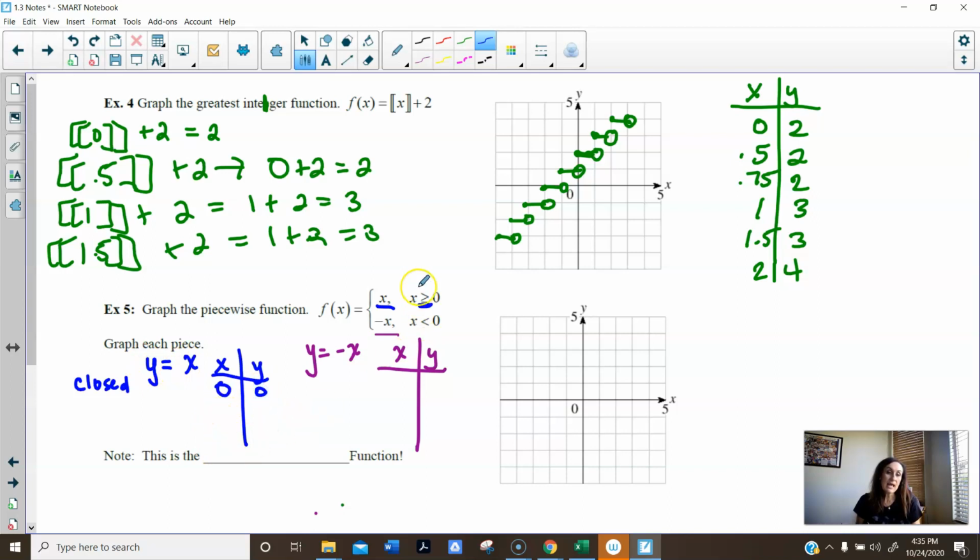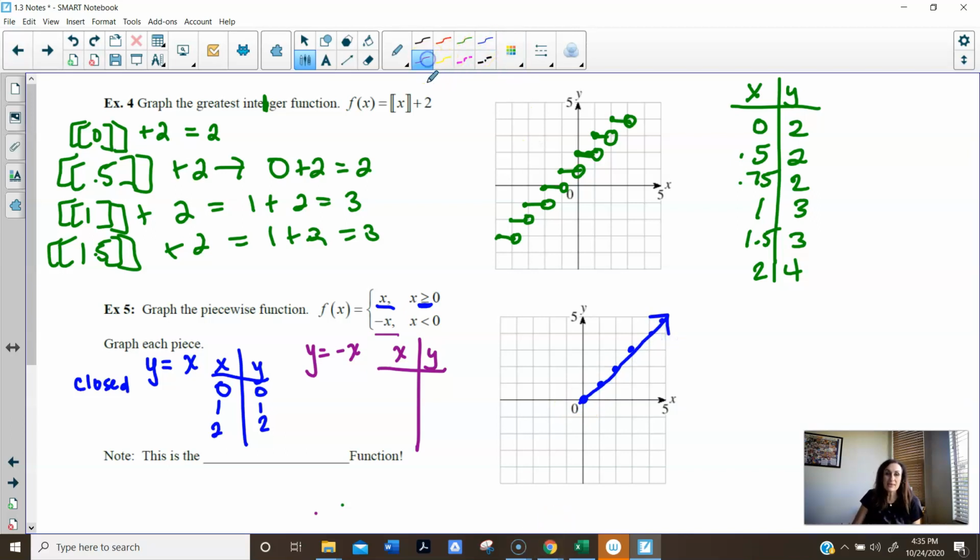If I plug in 1, I get 1. If I plug in 2, I get 2. And so this part of the graph is 0, 0, right 1, up 1, right 2, up 2. And if I wanted to continue the pattern, it would be like this. So here is the first piece of the graph.